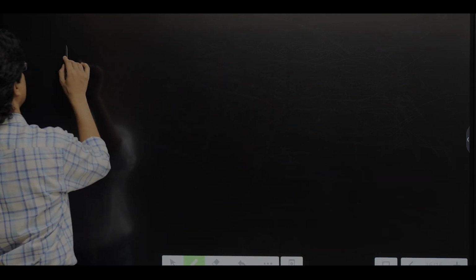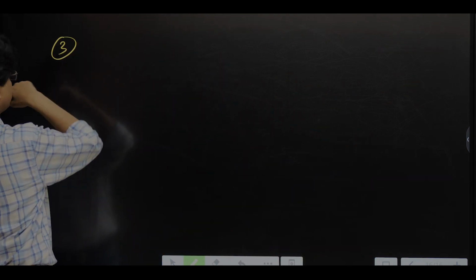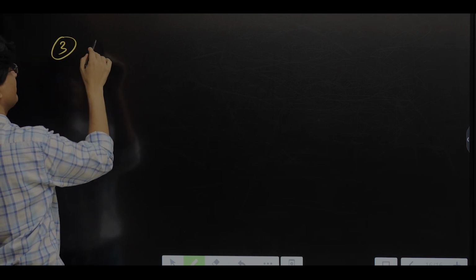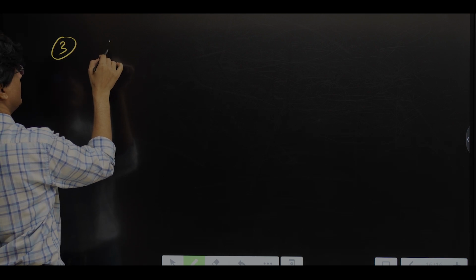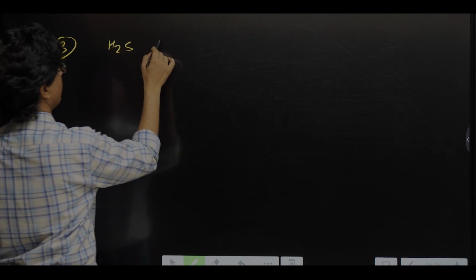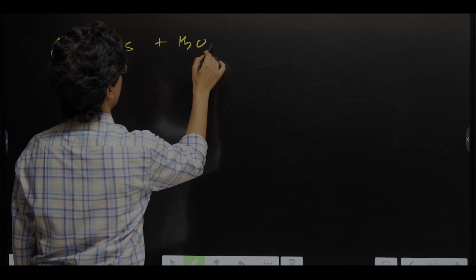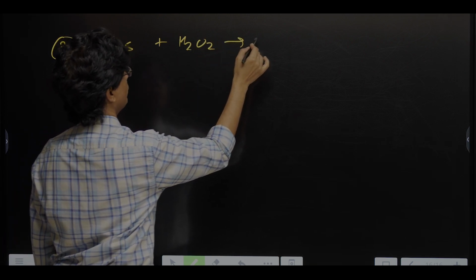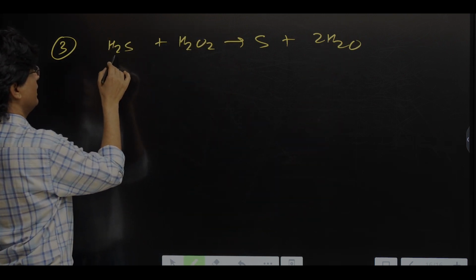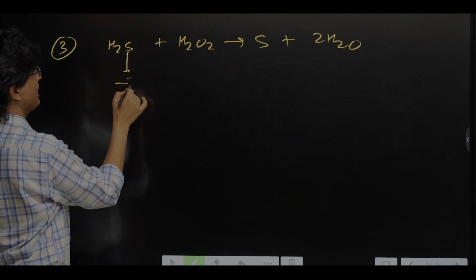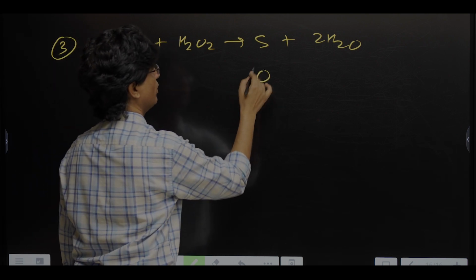Chalo, come. One more. Third one. Let's have H2S plus H2O2 going to give you sulfur plus 2H2O. Come on. Sulfur over here is -2 and here it is 0.